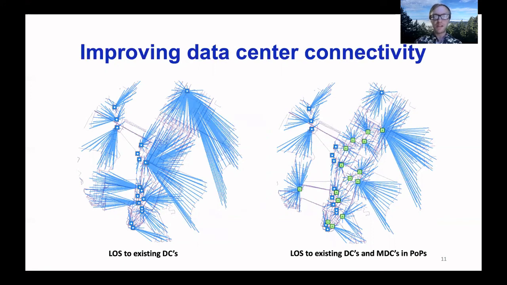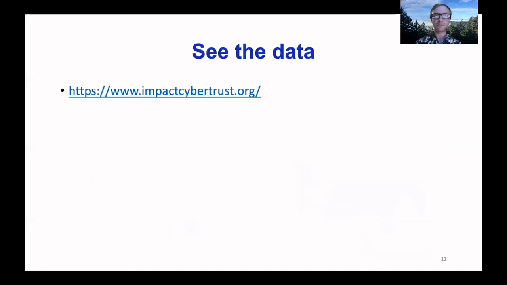We did this for varying numbers of new data centers that could be added. And we found that for the New York MSA, we hit a point of diminishing returns at around 5 to 10 new data centers. So that shows us that the New York area doesn't need that many new data centers, but just a few well-placed ones can increase the proximity for a lot of different users.